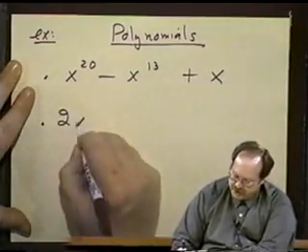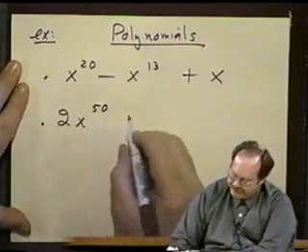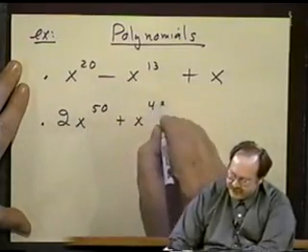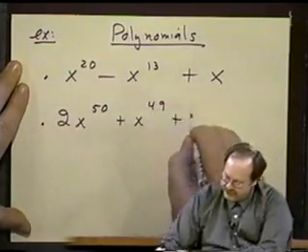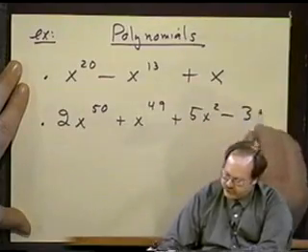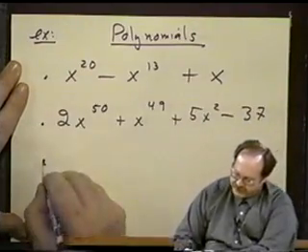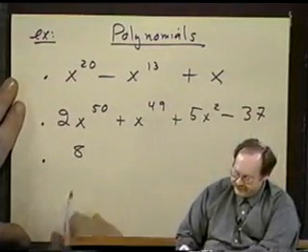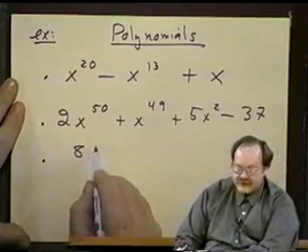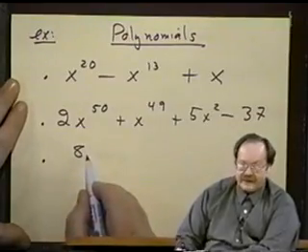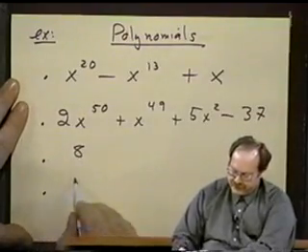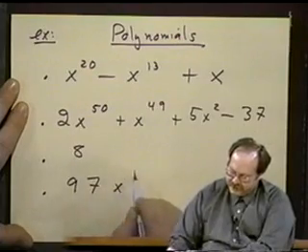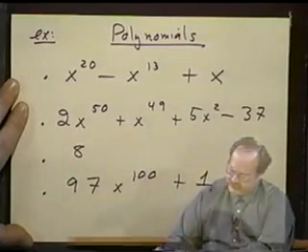Here's another one. 2x to the 50th plus x to the 49th plus 5x squared minus 37. How about that? Here's another polynomial. 8. Remember, constants qualify because that's really 8 times x to the 0. So it's a polynomial. In fact, it's a monomial. And then here's a binomial. 97 x to the 100 power plus 1, and so on.